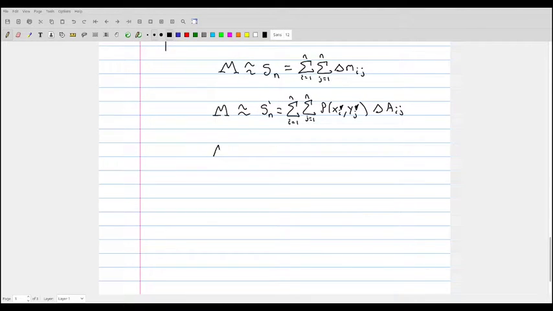Which means that the total mass is equal to the limit of this Sn prime as n goes to infinity, which is exactly the double integral of the density function over the region.